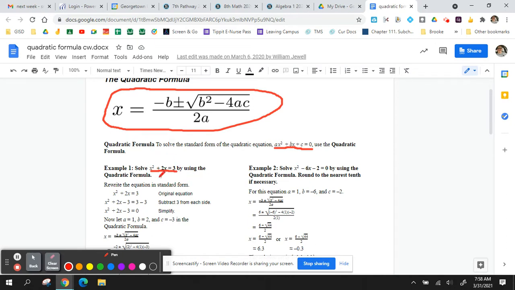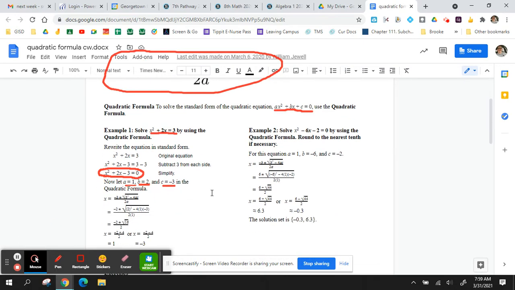We're going to have to rewrite it, remember, because we want it to be equal to 0. So after we subtract the 3 to the other side, we start with this one. Okay, and now we can see that our a is 1, our b is 2, and our c is -3.